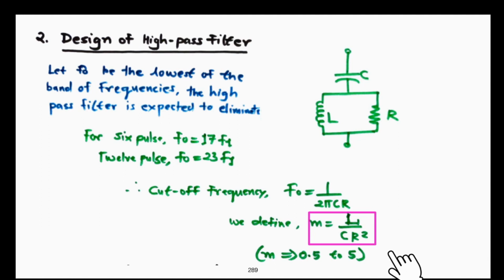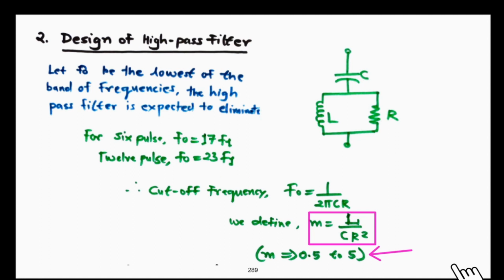In order to have elimination of a selected band of frequencies, this factor m lies in the range of 0.5 to 5. There is a range over which, if we substitute the ratio, it will be possible for us to design the filter.